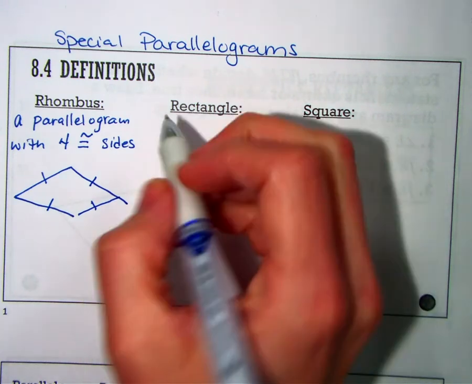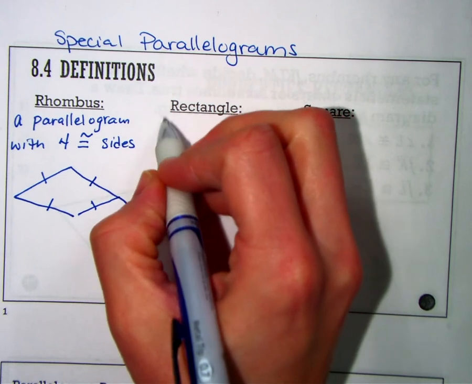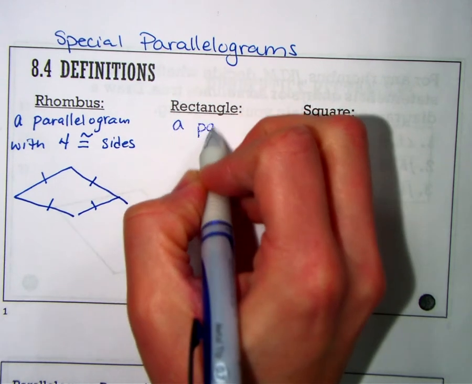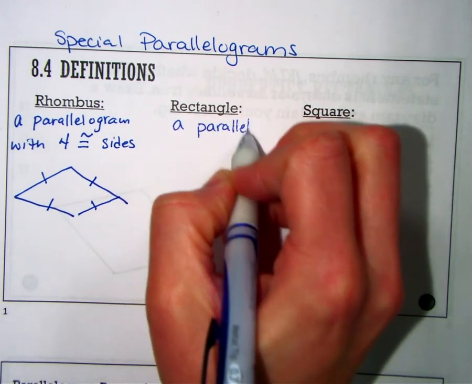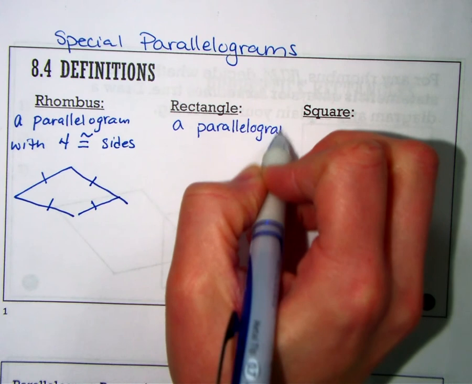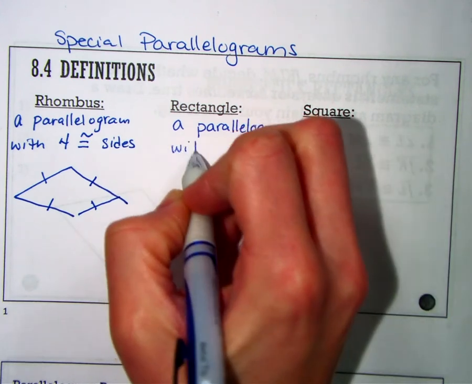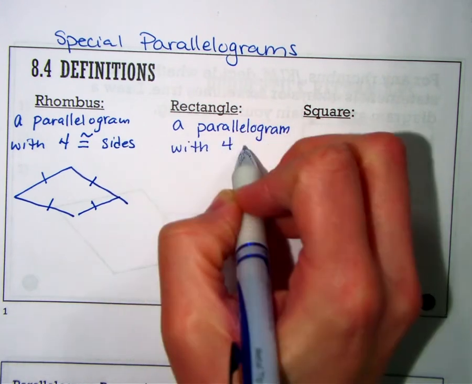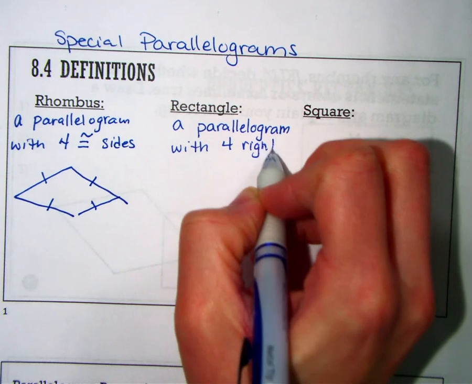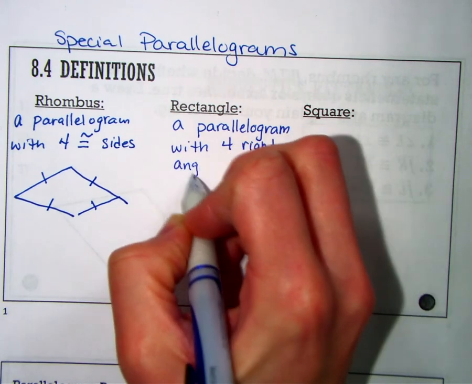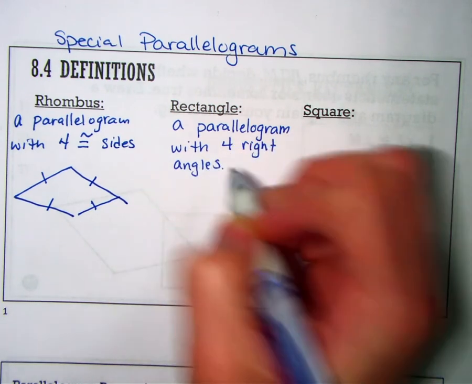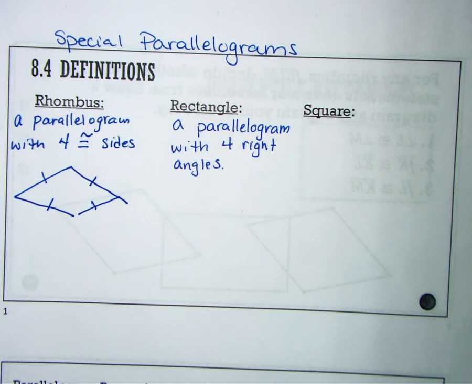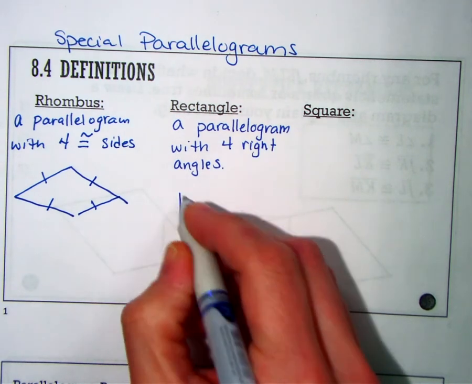The rectangle, this is the one we're comfortable with. The rectangle is a parallelogram with 4 right angles. Obviously we can draw ourselves a little picture of that.